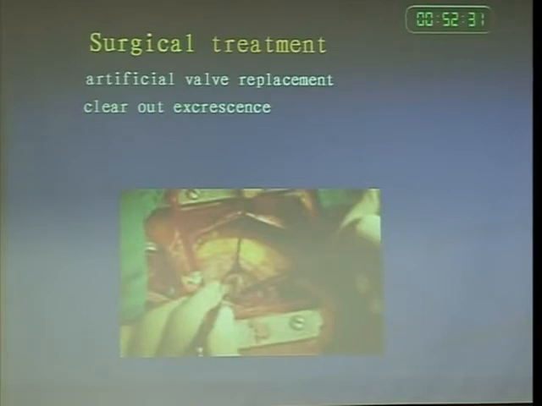Especially when the excretion is too large. Usually, if the excretion is more than 1 to 1.5 centimeters, the patient needs surgery because the antibiotic cannot enter into the excretion. So the microorganism in the circulation cannot be inhibited by the antibiotic.